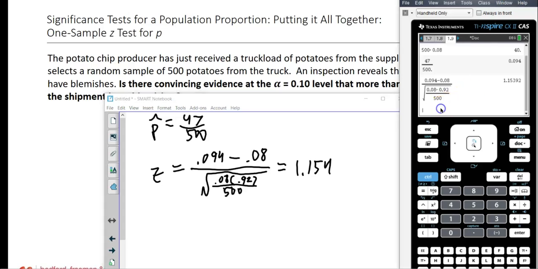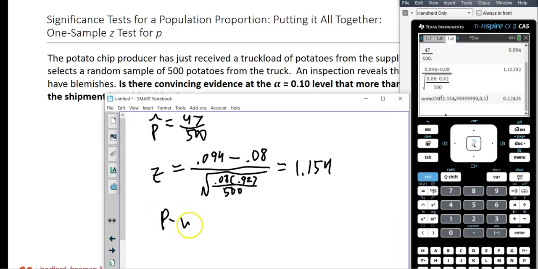So then you could do your norm CDF here. Let me just get it from the menu here, menu 652. So our lower bound is 1.154. And then we're going upper bound of infinity, or a very big number, and leave the default 0 and 1. These are z-scores, so that should give us the value. So our p-value equals 0.124. So 12.4%.